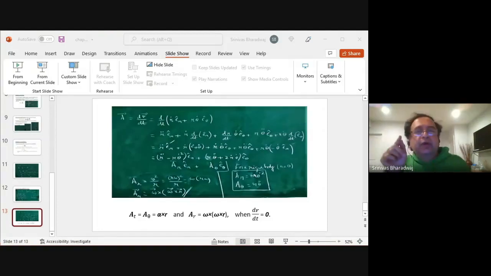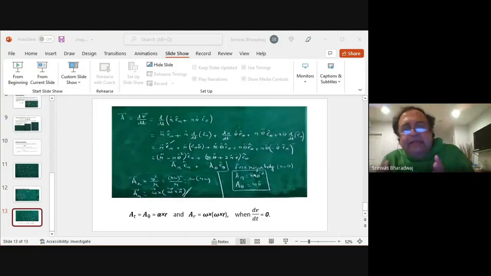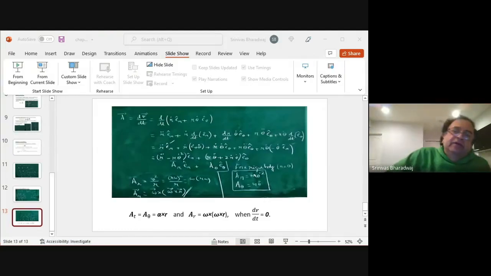So for a point there, what is its velocity? It is omega cross r. For instance, here r is that way, and it is rotating like this. So omega cross r is v. That is the direction of the velocity.